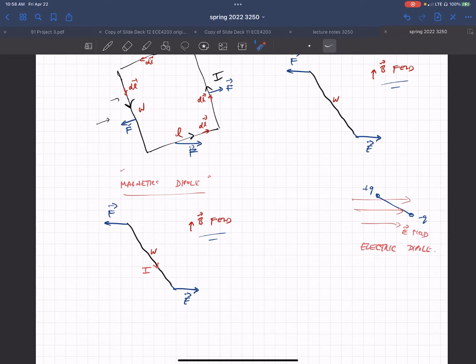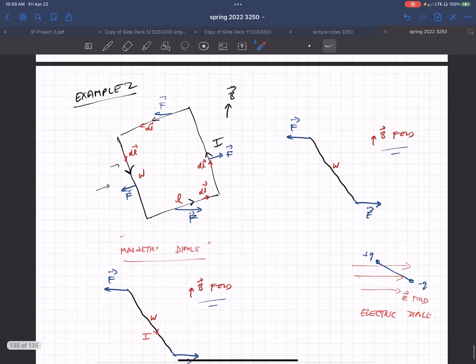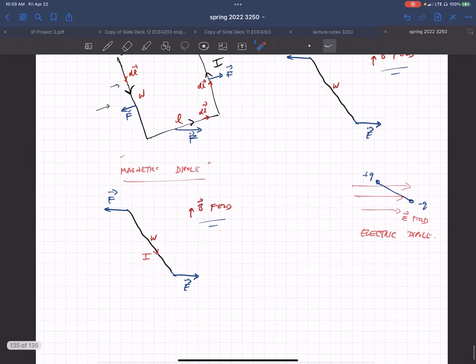Okay, so now let's look at the force. If you have a B field going this way, you have a current, depending on which side I'm looking at, going into the screen in this case, or coming out of the screen over here.